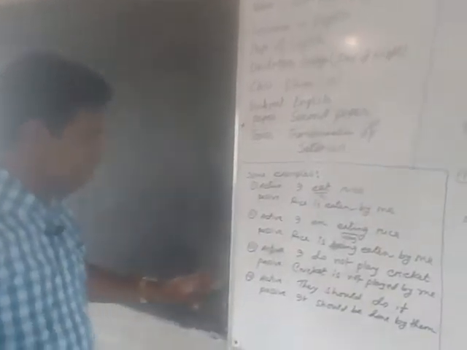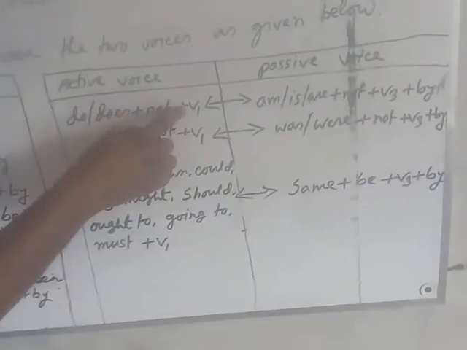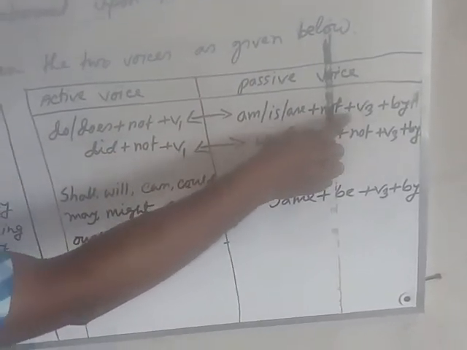Again I have written two more examples. I do not play cricket. That is a negative sentence. This system is do or does plus not plus V1. Here it will be changed to am, is, are plus not plus V3 plus by.